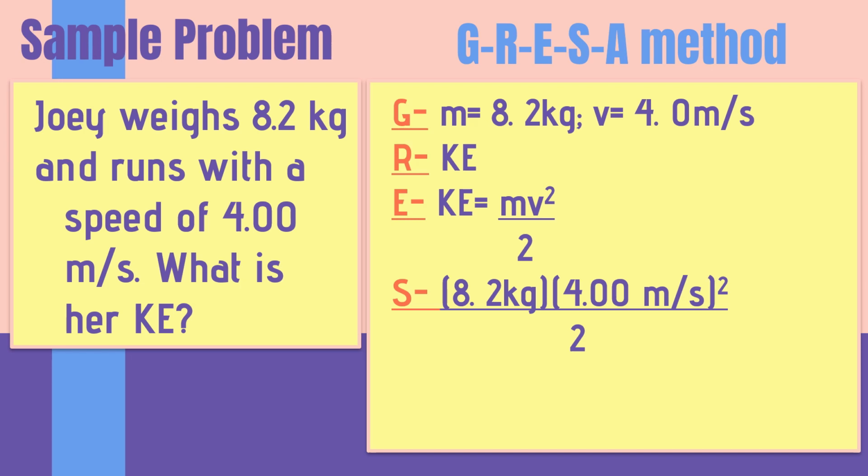So the answer will be 65.6 joules. Meaning to say, Joey has a kinetic energy of 65.6 joules.